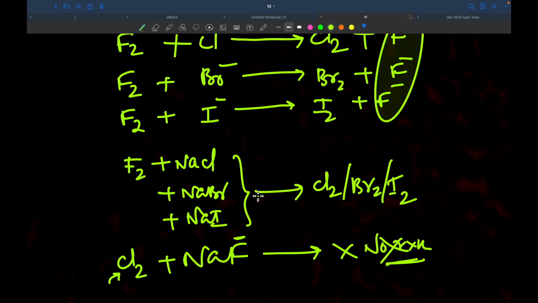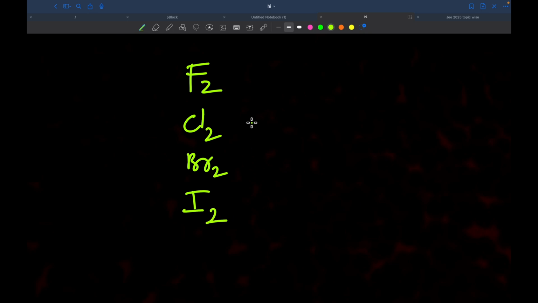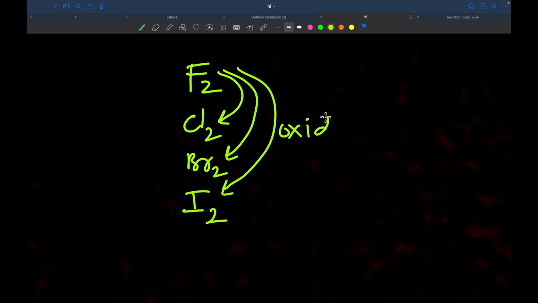So what is the meaning here? Any halogen, for example, you have fluorine, chlorine, bromine, iodine. Fluorine can oxidize all the elements below it. Fluorine can oxidize chlorine, bromine, and iodine.